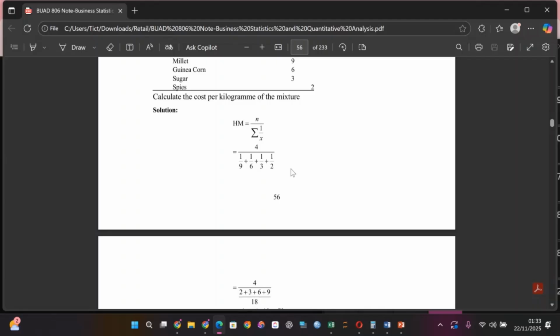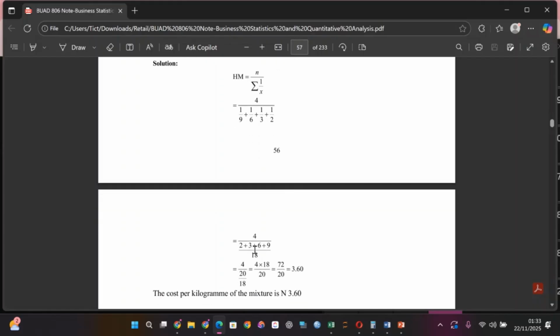I said, how they got the common denominator, I don't understand. And I don't understand the 2 plus 3 plus 6 plus 9. How did they get those figures from 1 over 9, 1 over 6, 1 over 3? Do you understand these figures, the 2 plus 3 plus 6 plus 9?